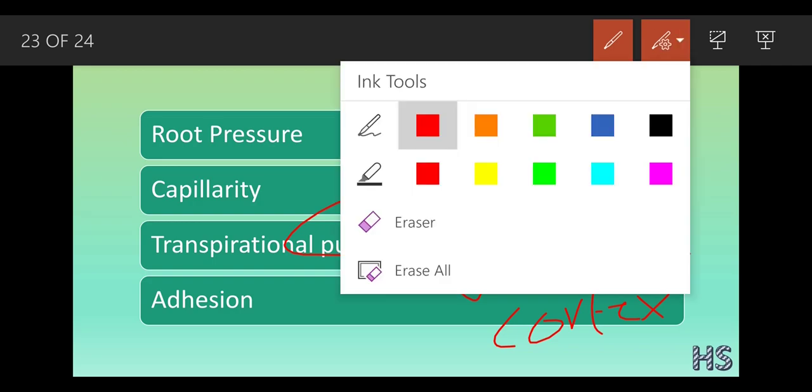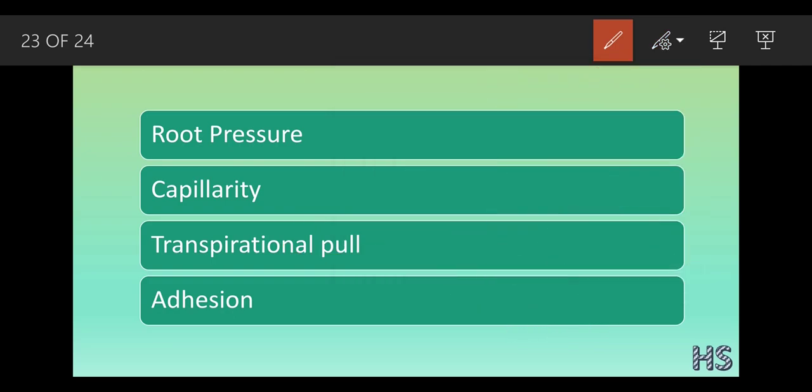Now capillarity. See, the word capillarity. The xylem vessel is capillary in nature. What do you mean by capillary? Capillary means there is only a small passage.